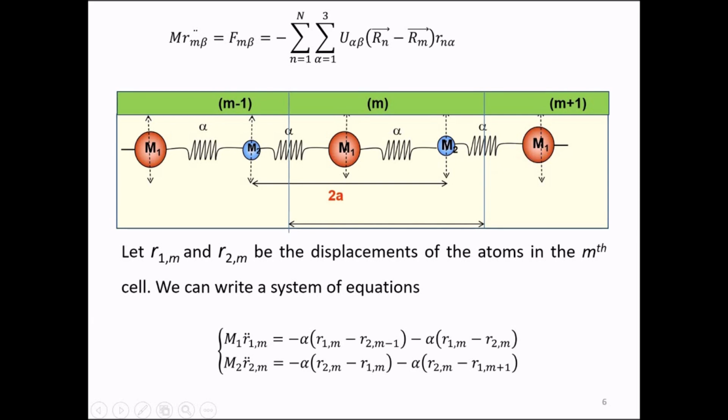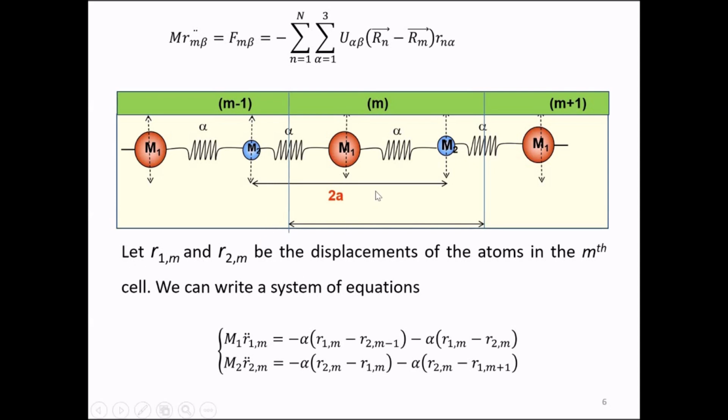Likewise, if we consider the vibration of the atom M2 in the cell M, we consider the interaction of M2 with M1 in the same cell and with the M1 in the other cell, M+1, only. So it's similar to the problem we solved before.